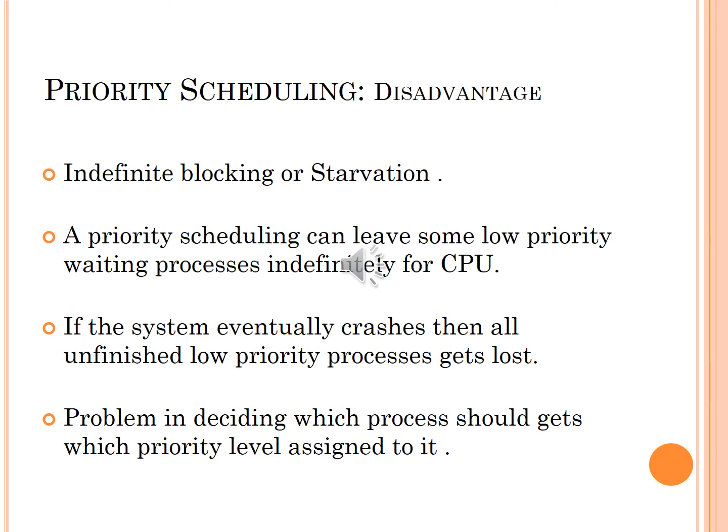As we went through the advantages of the priority scheduling algorithm, we're also going to go through the disadvantages. One disadvantage is indefinite blocking or starvation, and in the next slides we're going to explain what starvation is, because it's one of the problems that face the execution of the priority scheduling algorithm.